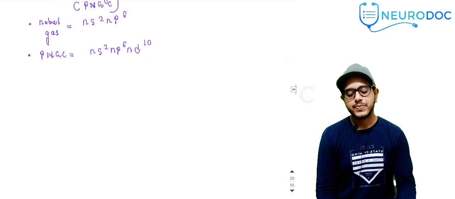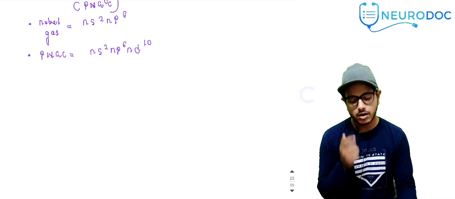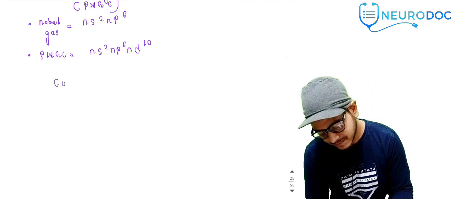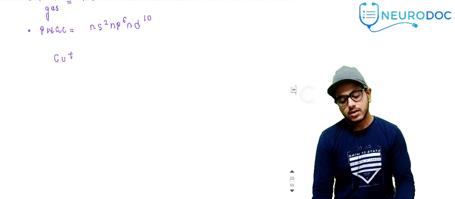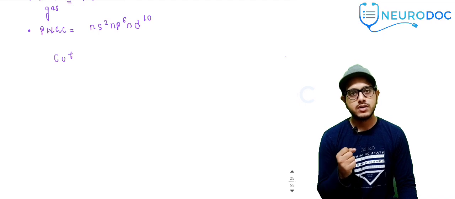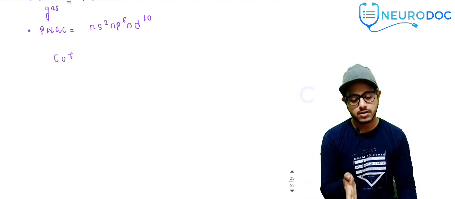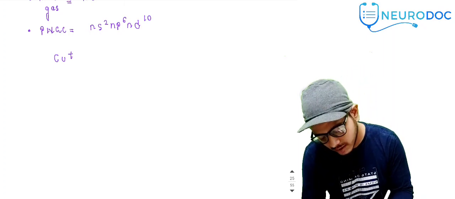For example, if you have copper, Cu+. Okay. Now, do you remember the electronic configuration of copper? It was taught in the atomic structure chapter, in which it's an exception. Copper has atomic number 29.